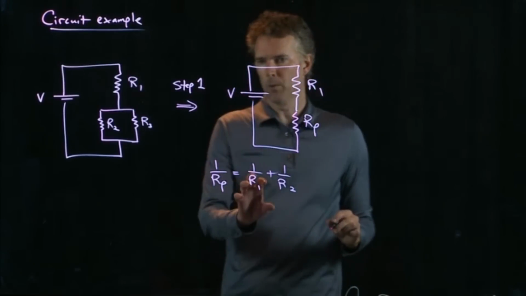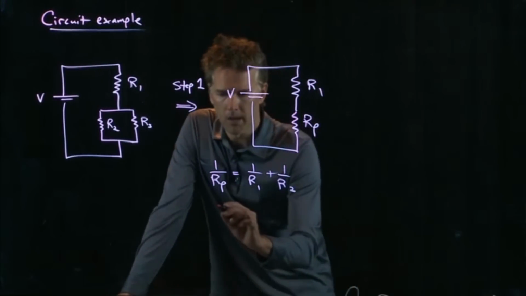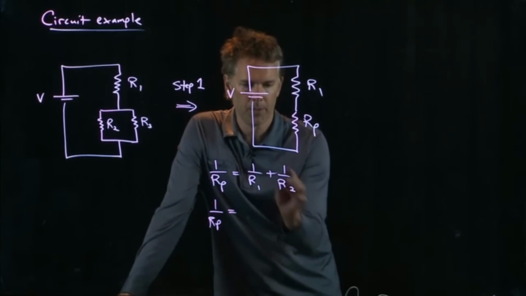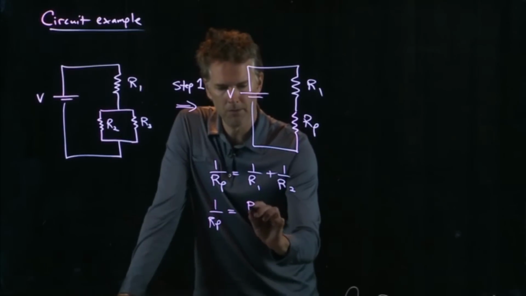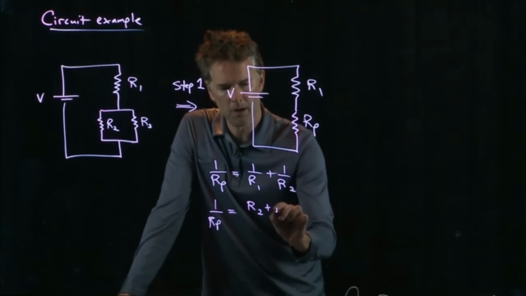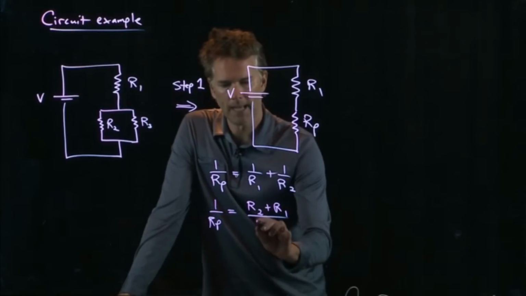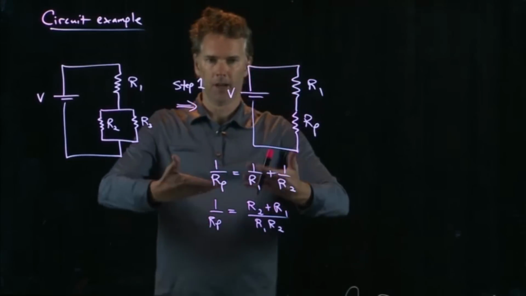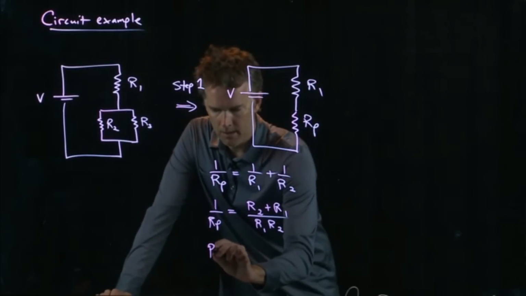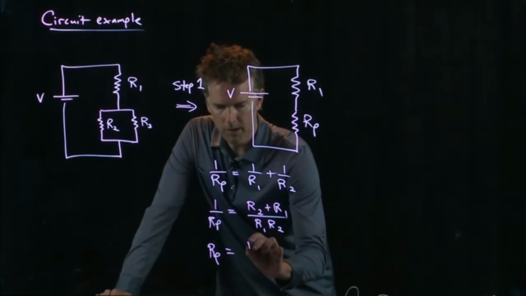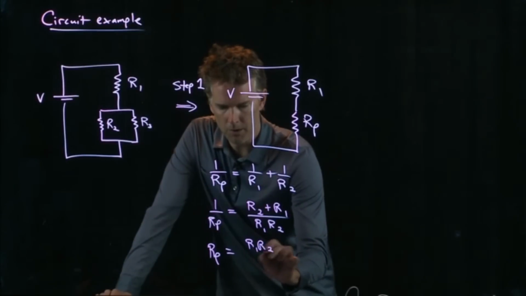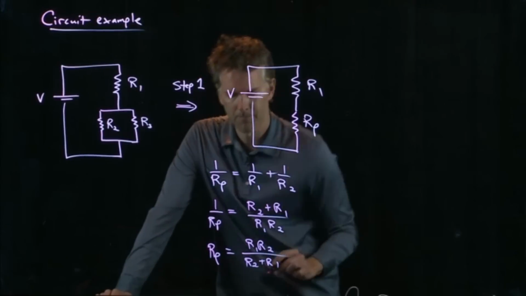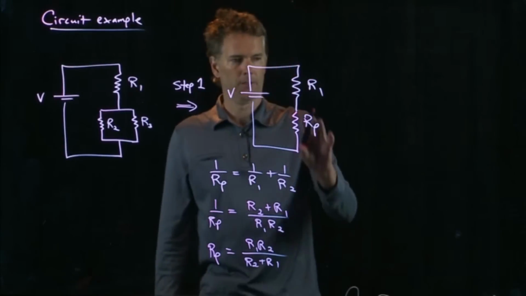And if you want to write what R parallel is, you can do that. 1 over RP equals, what do I do with this stuff? I multiply by R2 up there, I multiply by R1 up there, and then I put a common denominator. And then I can flip the right and the left. And so we get RP is equal to R1, R2 divided by R2 plus R1. That's what RP is.